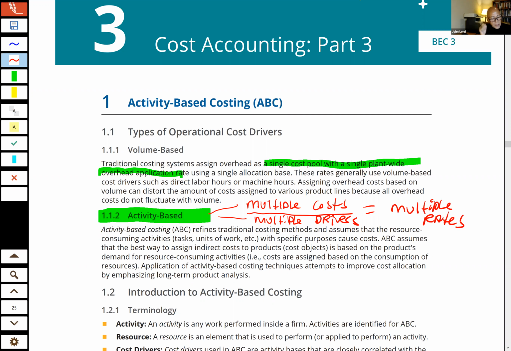You can flashcard that about activity-based costing, which basically means that we're going to be more refined in how we apply our overhead.